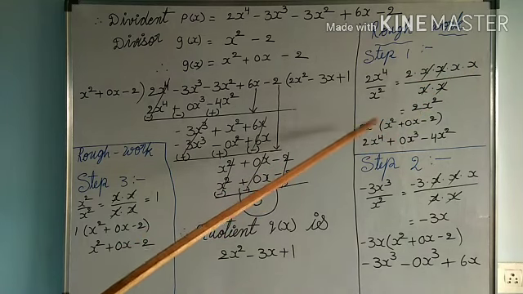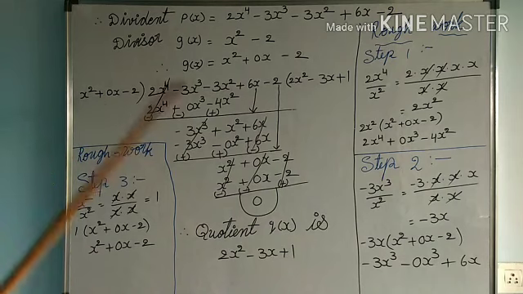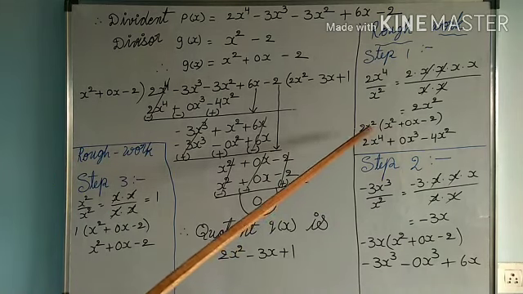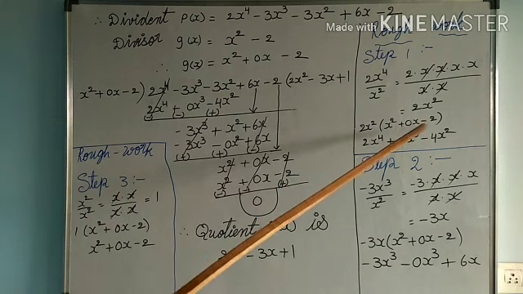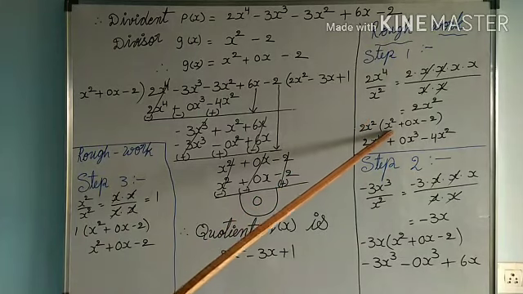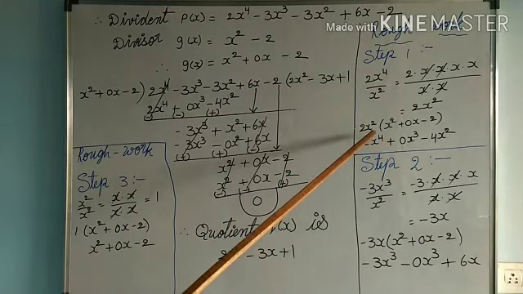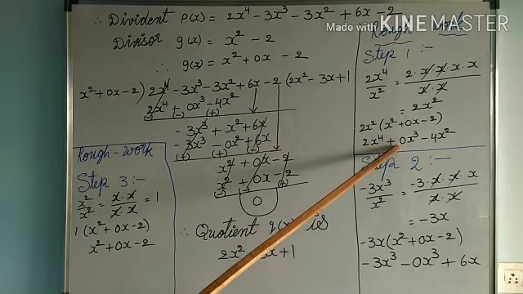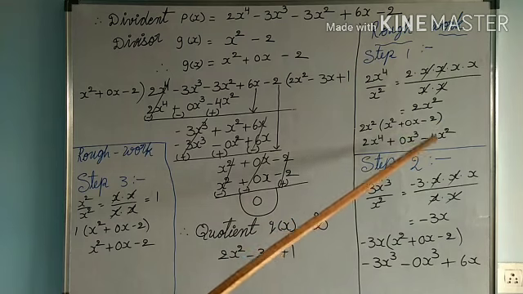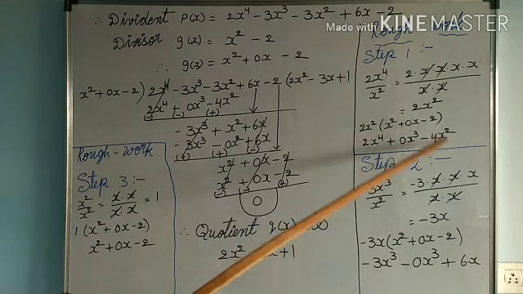Multiply this answer into the total divisor: 2x square into x square, 2x to the power of 4. 2x square into 0x, 0. 2x square into minus 2, minus 4x square.